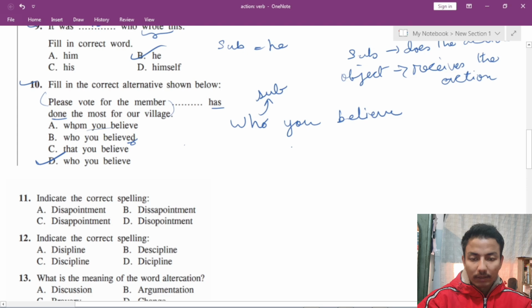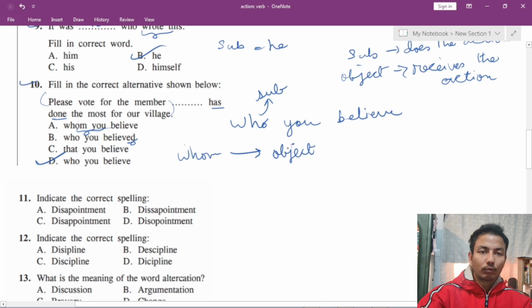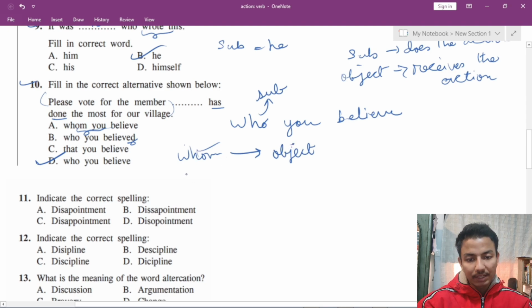As I was saying, I want to tell you guys why this one will not be the correct answer, because "whom" is used for the object. When action is done on someone, we use whom, but when someone is doing the action, we use who. And that will be the subject.